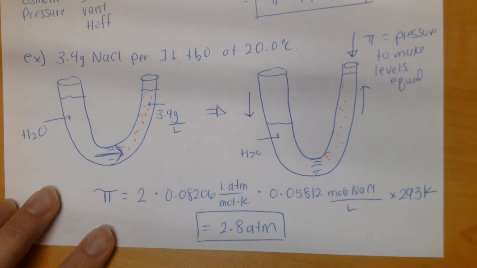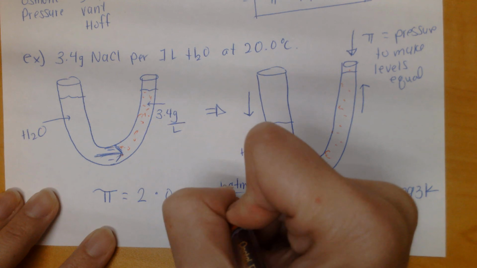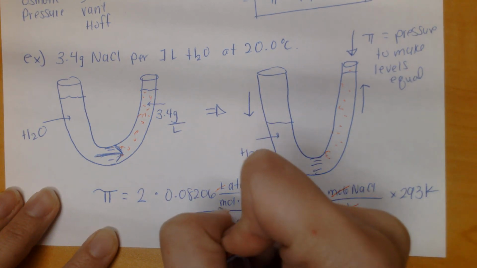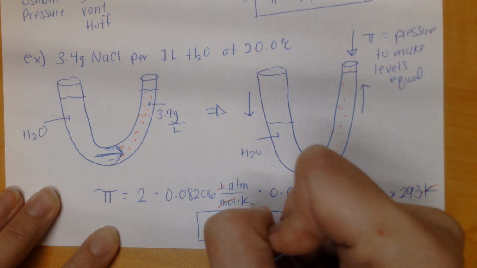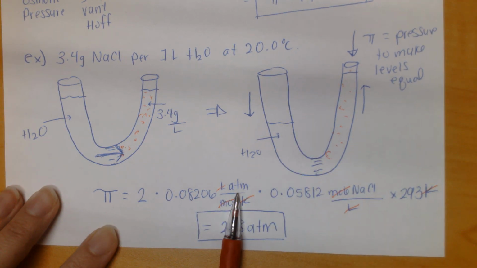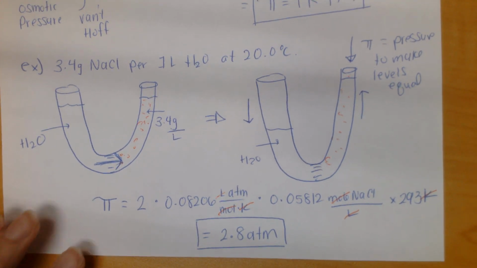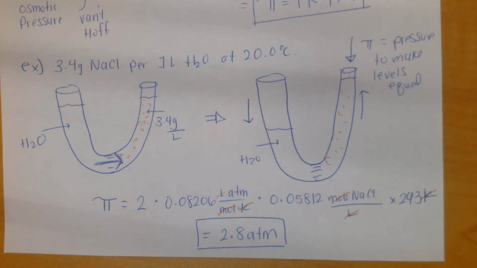If we look, because this is the fun part, liters cancels with liters, moles cancels with moles, Kelvin cancels with Kelvin, and we are solving for a pressure. Our osmotic pressure is 2.8 atmospheres of pressure.